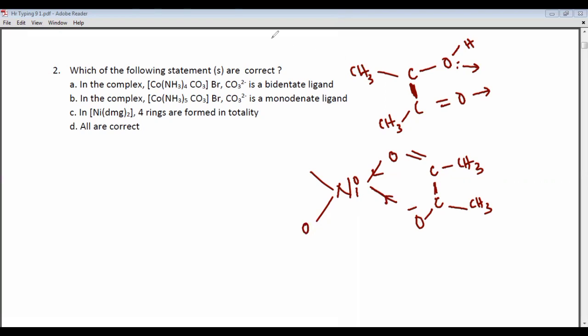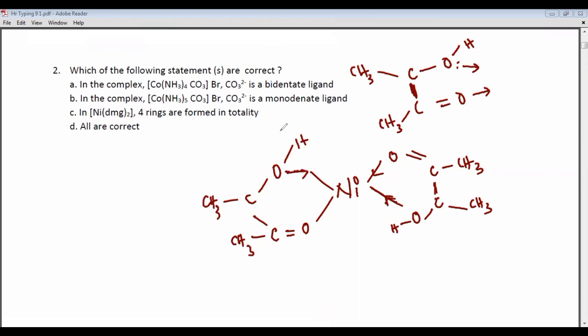It's not O minus. This is OH actually. This molecule is OH, but the donation is from oxygen. The next one, double bond C, followed by C, where this C has a CH3. This also has CH3, and OH is coordinated to here.